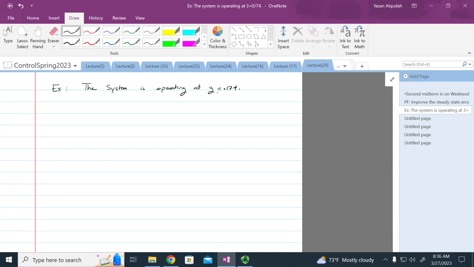I'm going to design a compensator to improve the steady state error.